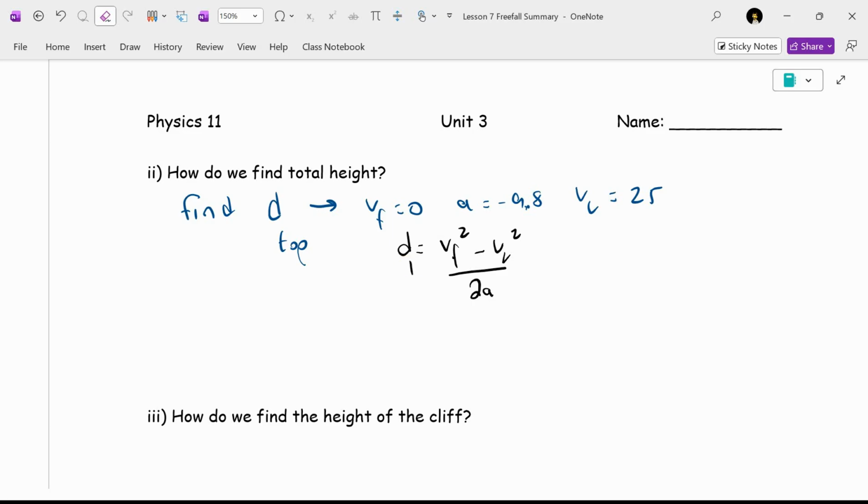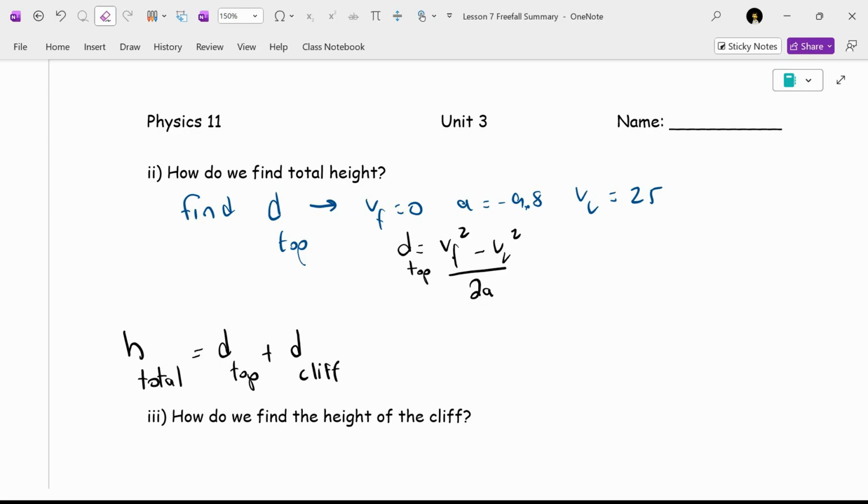Once you have that, and I'll call that D top, then I would say H total. It's going to be the distance to the top plus the height of the cliff. That's the word cliff. Make that so it doesn't look like a D. So that is fair game as far as I'm concerned.